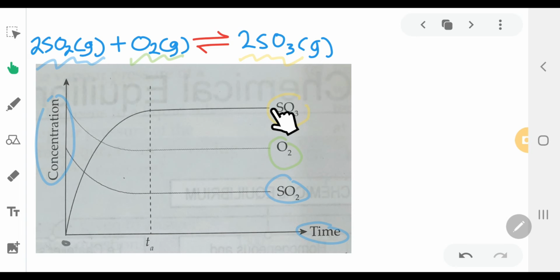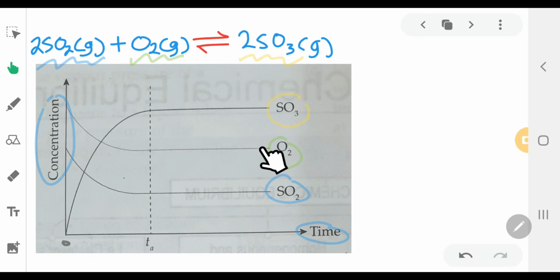And SO3, same like O2 and SO2, at tA over here, it will start to reach the stable state. So no more concentration is going to be added at this state. So it will be constant right there.